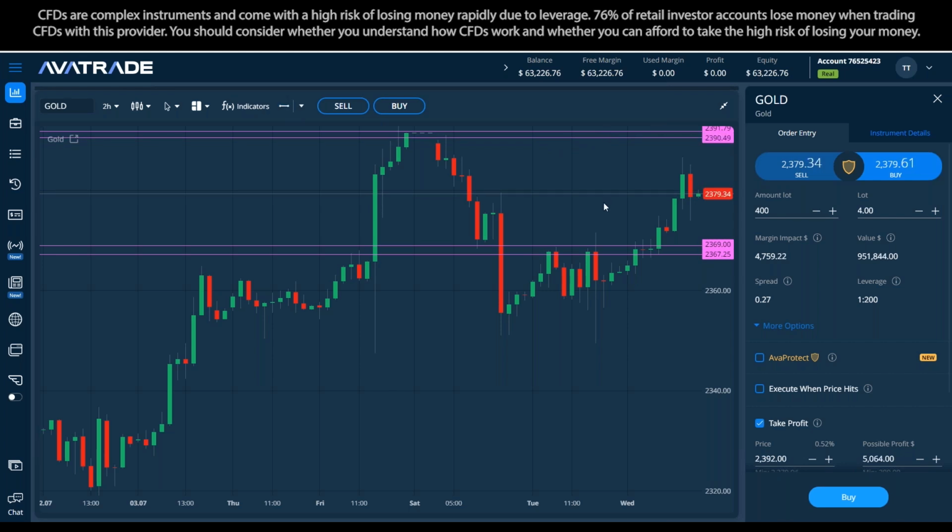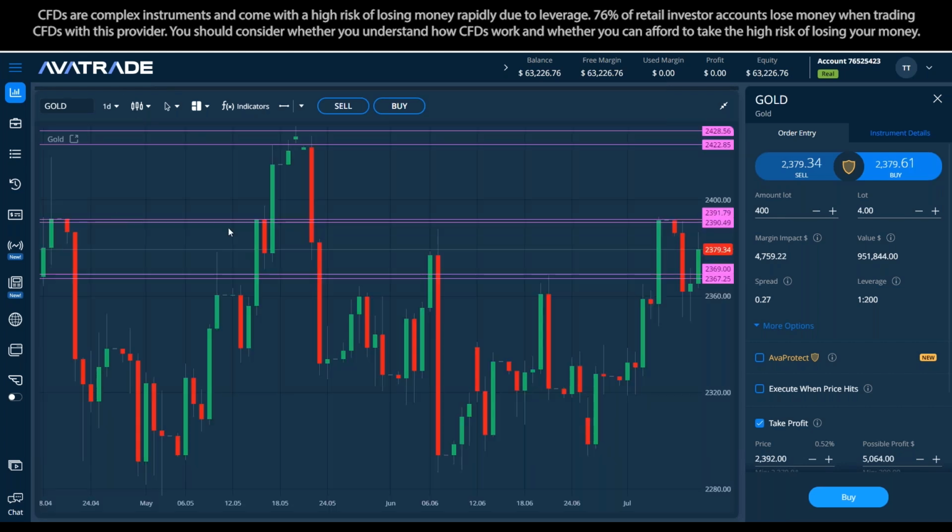That's one option. If I want a longer term move, maybe I look at 1-day candles, okay? Maybe I think it's big enough news that it'll break the high on these candles and go towards the next resistance up here, okay? In which case, I can delete these lines.